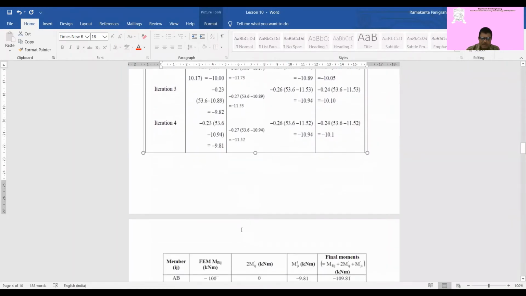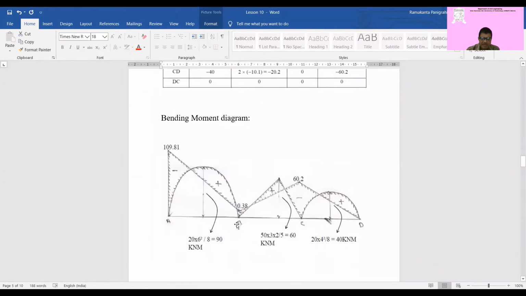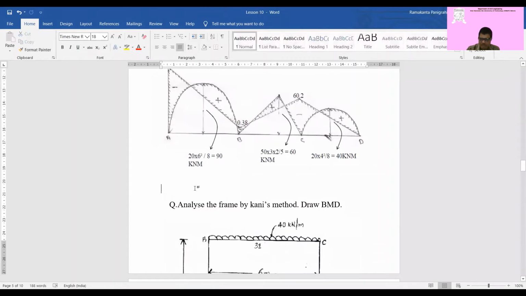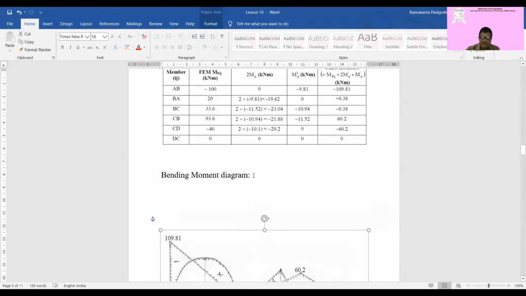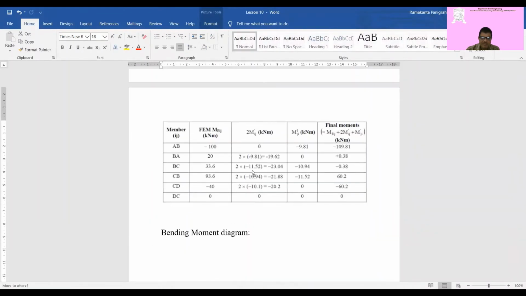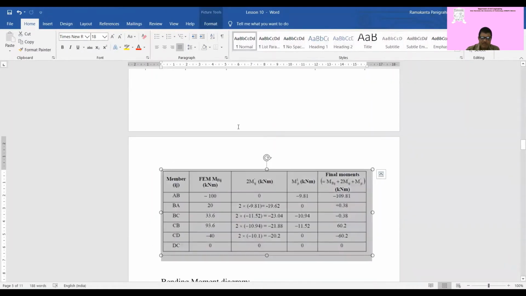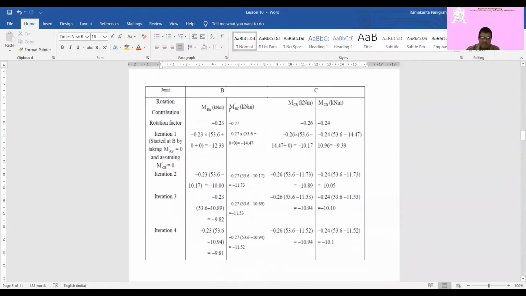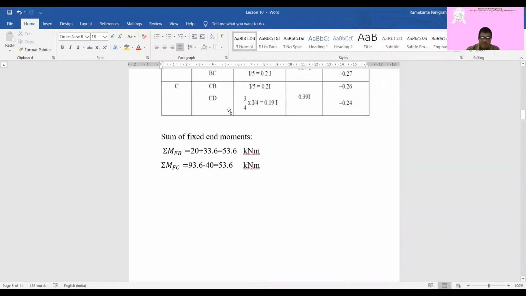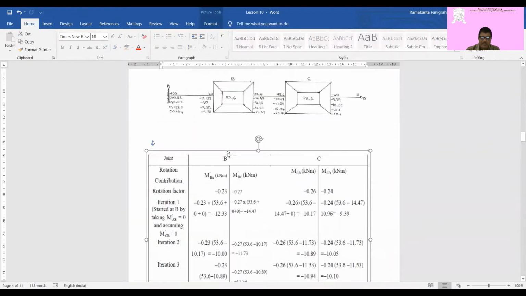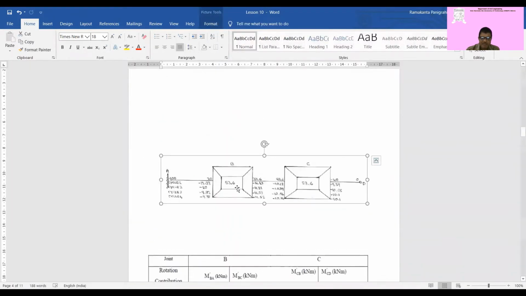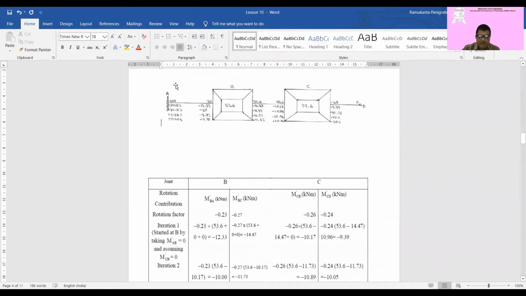Okay, the table is also being done here. You can see both the things for us. This value is given here. So please see this table.